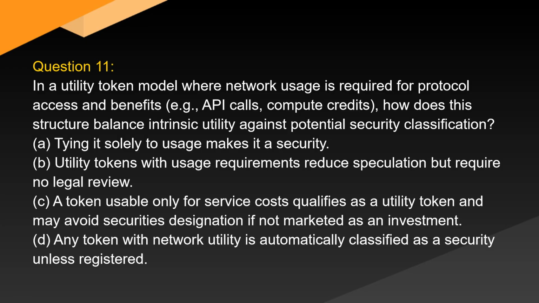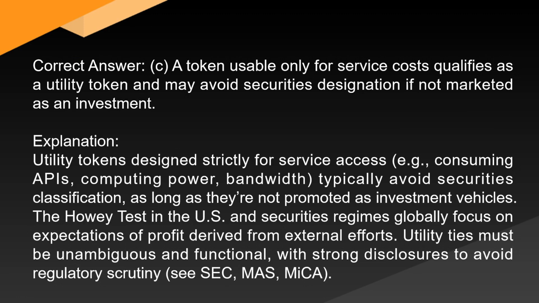C. A token usable only for service costs qualifies as a utility token and may avoid securities designation if not marketed as an investment. D. Any token with network utility is automatically classified as a security unless registered. Correct answer. C. A token usable only for service costs qualifies as a utility token and may avoid securities designation if not marketed as an investment.